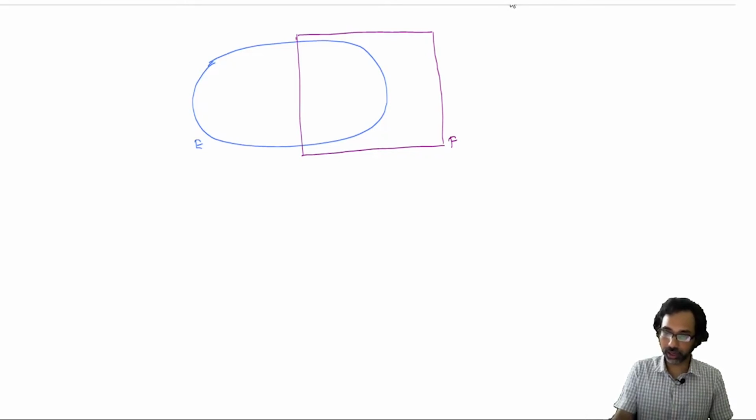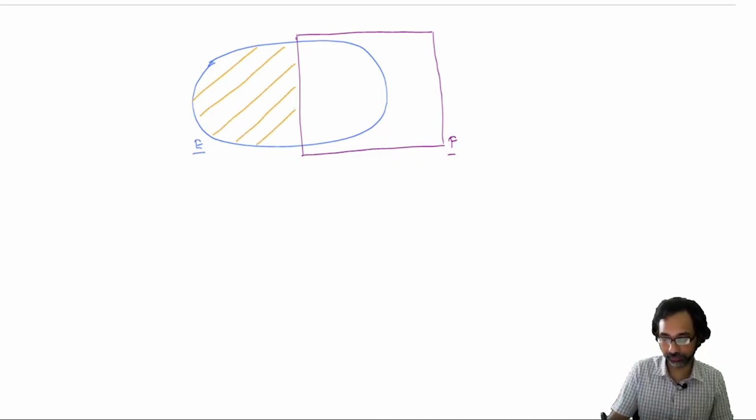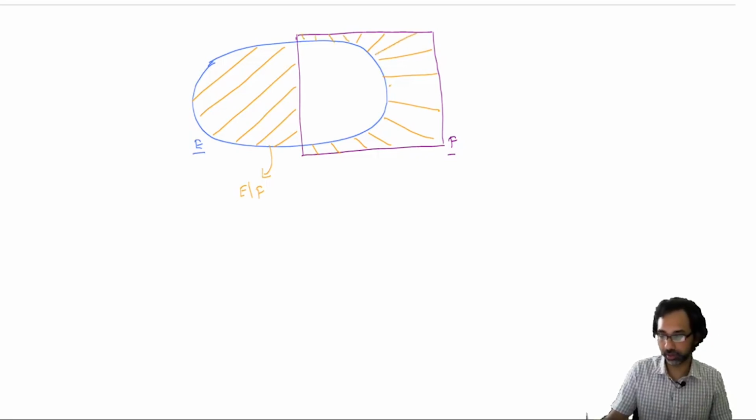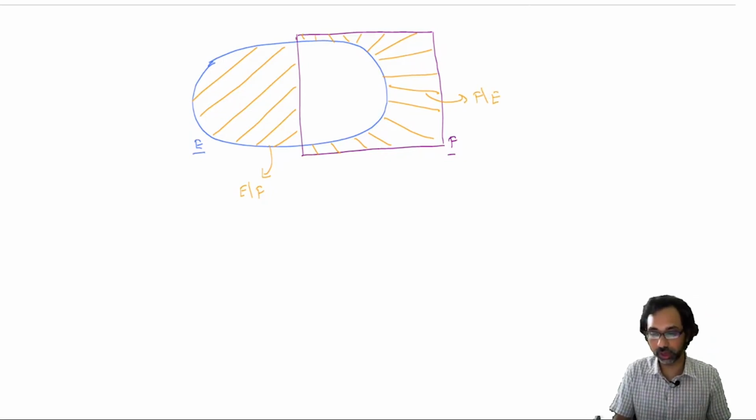So we consider our set E in blue and our elementary set F in violet color, and now this part is E minus F. So this is E minus F, and this part is F minus E. Now our set S will cover the union of these two.